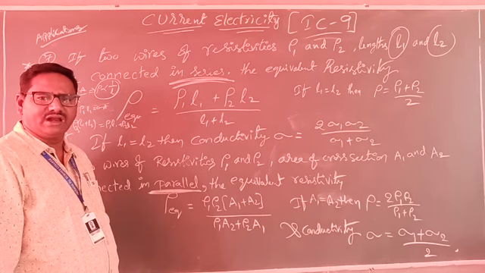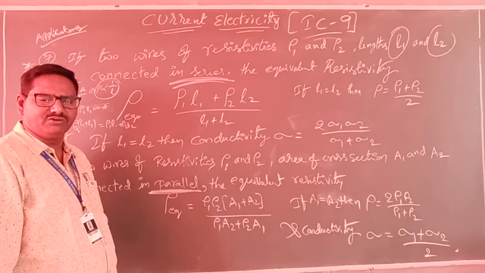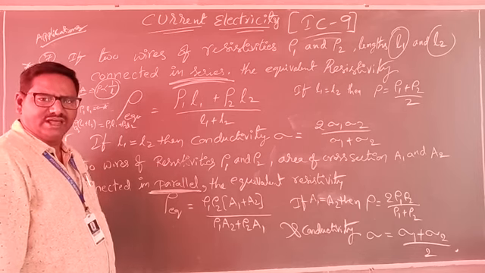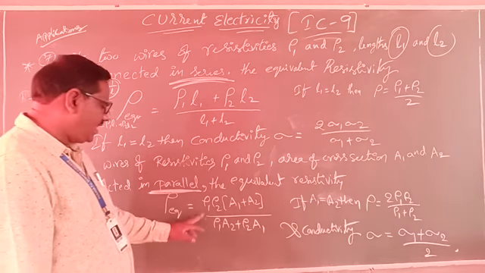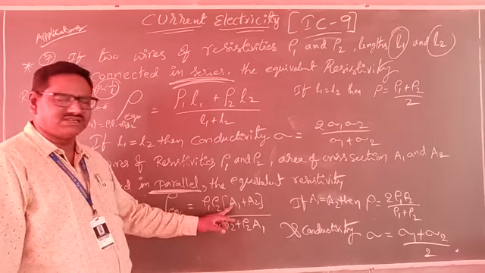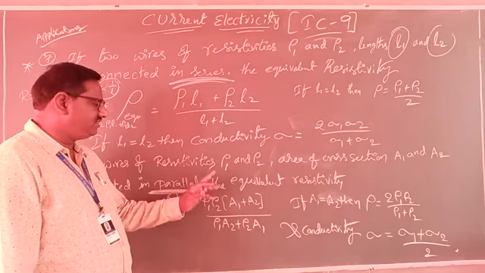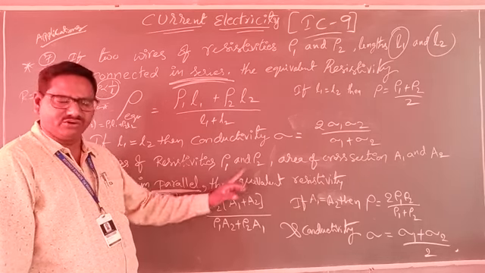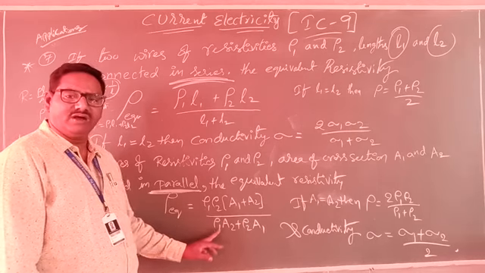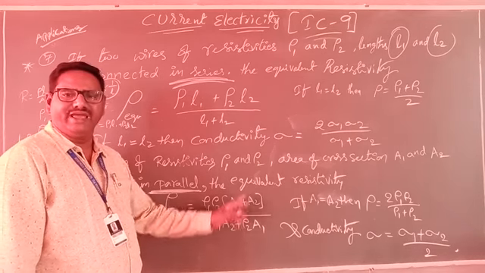R effective equal to R1 R2 by R1 plus R2. Already we will learn the shortcut. Say yes or no? Now here also I will write the same thing. But because here two wires have area of cross sections A1 and A2, resistivity values are rho 1 and rho 2, then rho equivalent equals rho 1 rho 2 into A1 plus A2 by rho 1 A2 plus rho 2 A1.